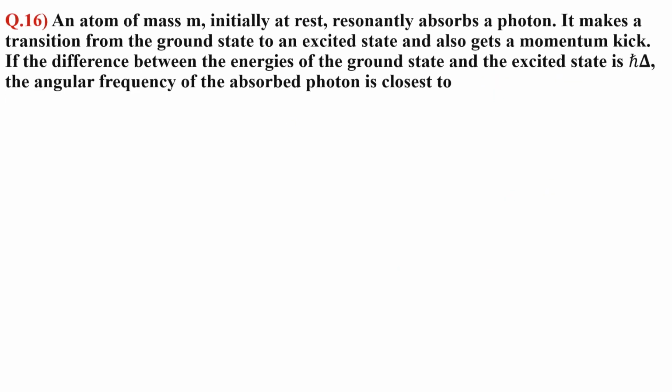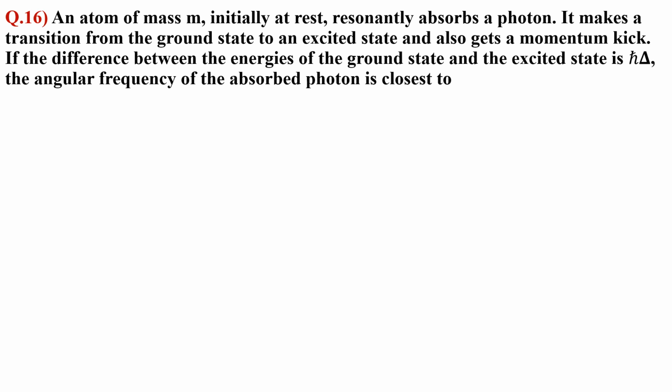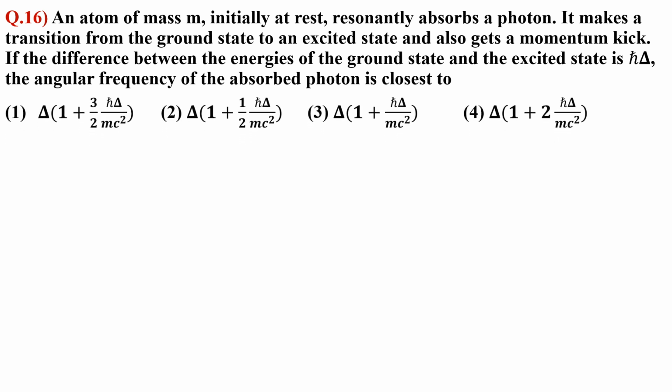Question 16. An atom of mass m initially at rest resonantly absorbs a photon. It makes a transition from the ground state to an excited state and also gets a momentum kick. If the difference between the energies of the ground state and the excited state is ħΔ, the angular frequency of the absorbed photon is closest to: Option 1: Δ(1 + 3/2 ħΔ/mc²).